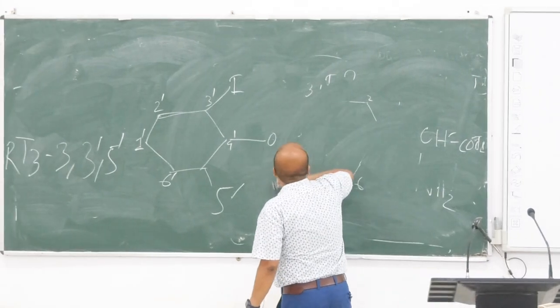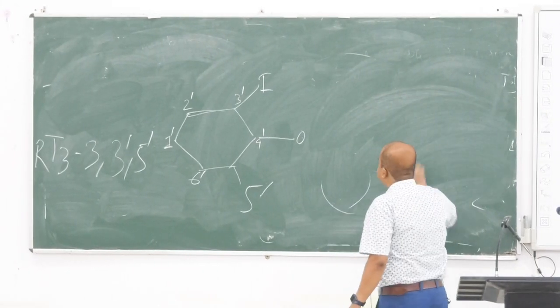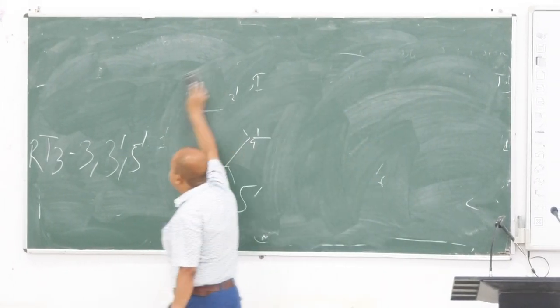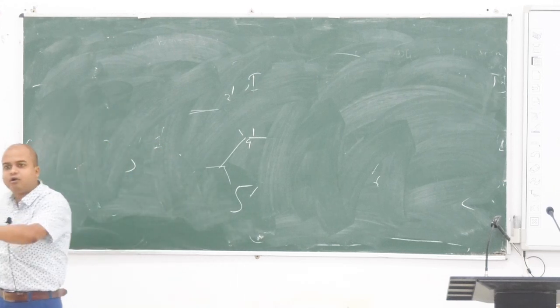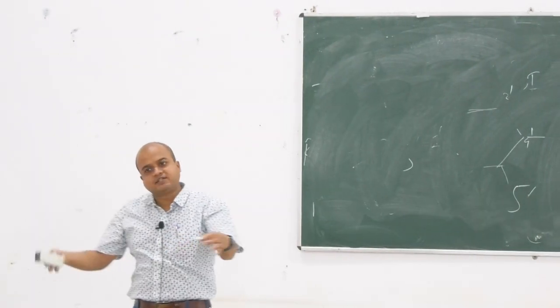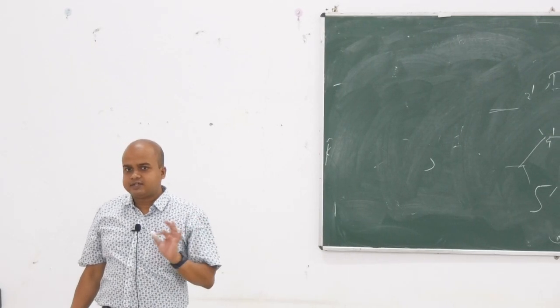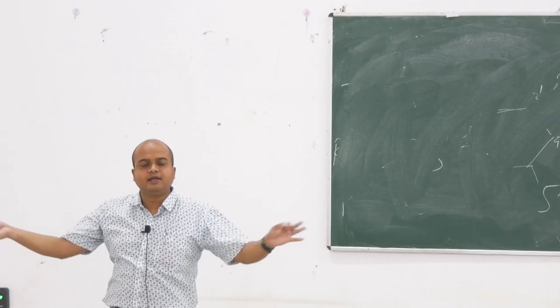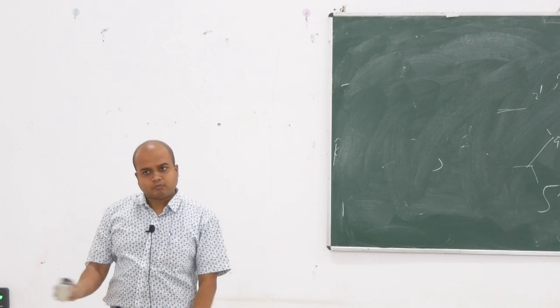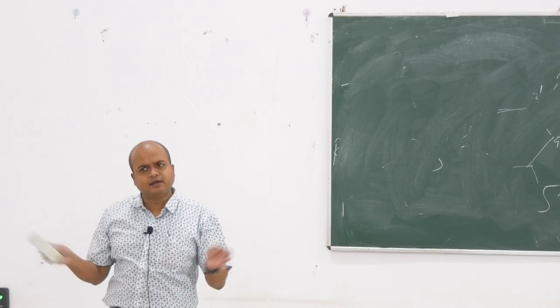Now this complete reaction, there are two opinions on how this is occurring. One opinion is that within the thyroglobulin molecule itself, this complete reaction is taking place. In the standard textbook it is written exactly like this.